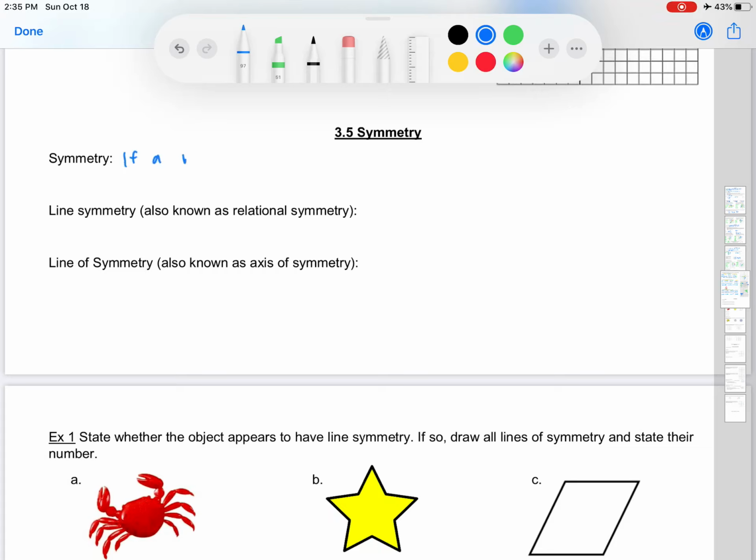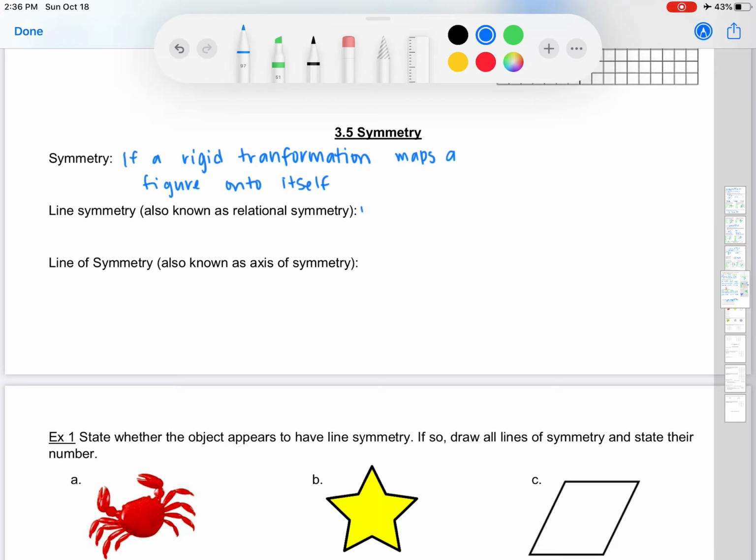So symmetry is if a rigid transformation maps a figure onto itself. So this would be your translations, your rotations, your reflections.